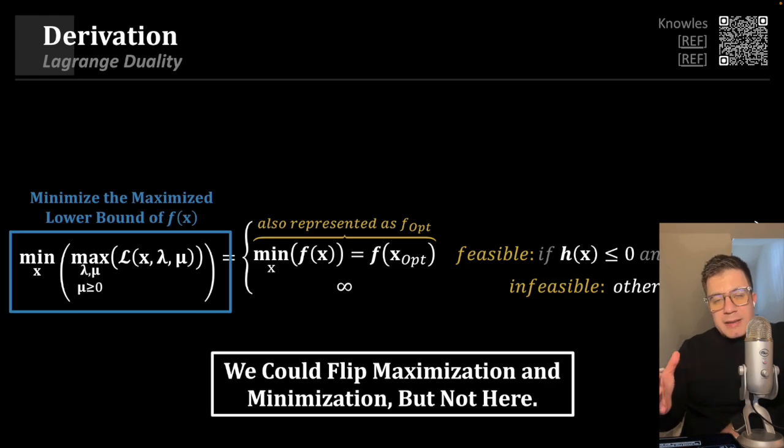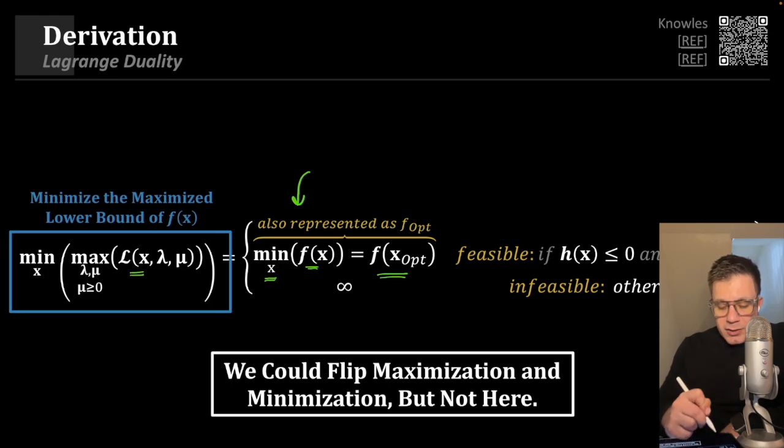And so this slide restates what we said a second ago. If we're trying to approximate the minimum of the objective function with respect to x, which we can call f of x sub opt, or the objective function when we have an optimal value supplied to it, that is equal to taking our Lagrange function, maximizing it with respect to lambda and mu, and minimizing it with respect to x.